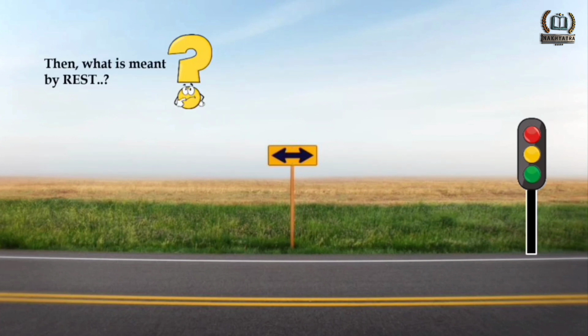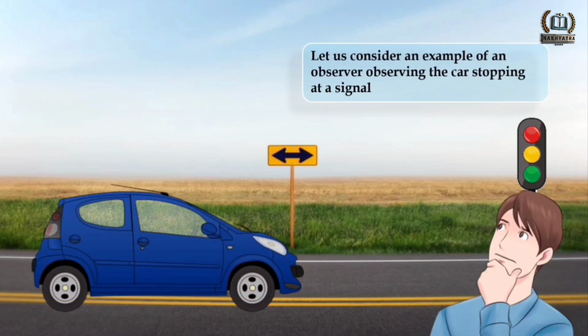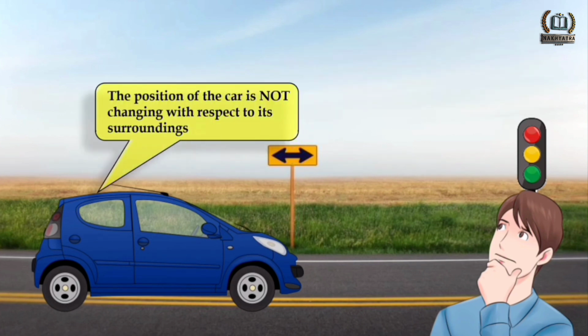Then what is meant by rest? Now we all got to know what is meant by position. So now we will learn about rest. Let's take another example, and you can also be an observer. Observe the car stopping at a signal. The position of the car is not changing with respect to its surroundings.